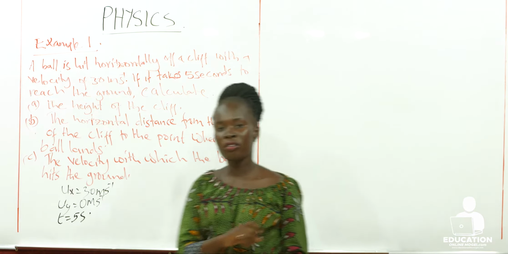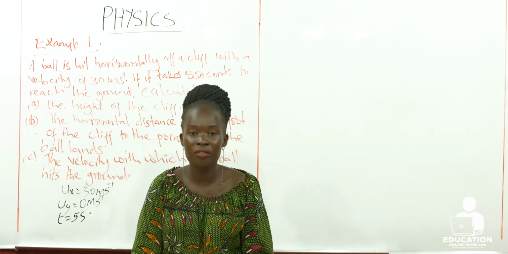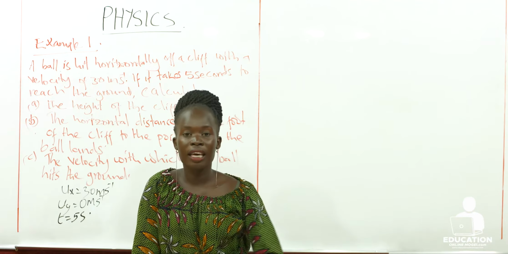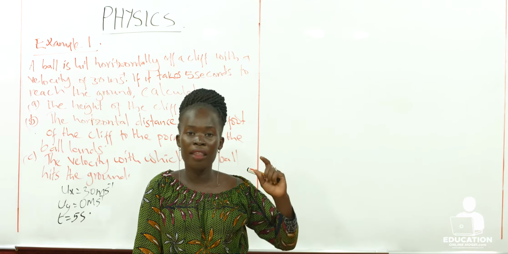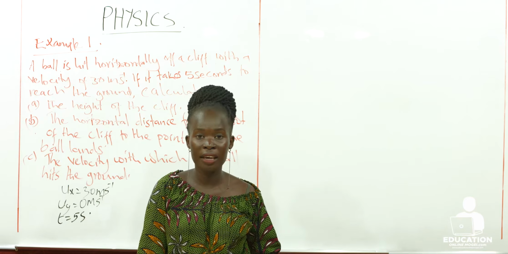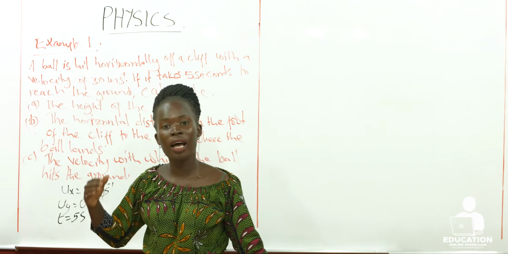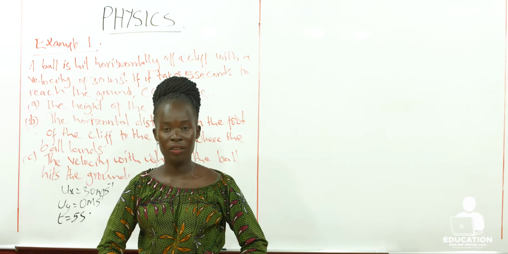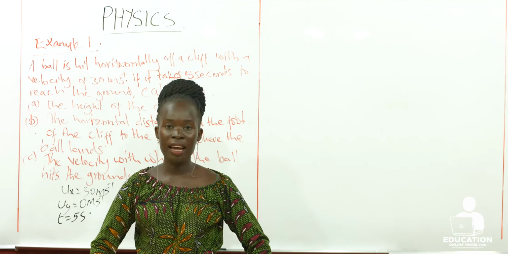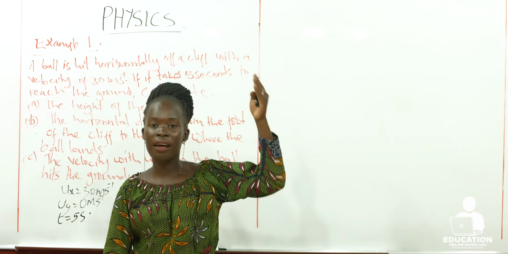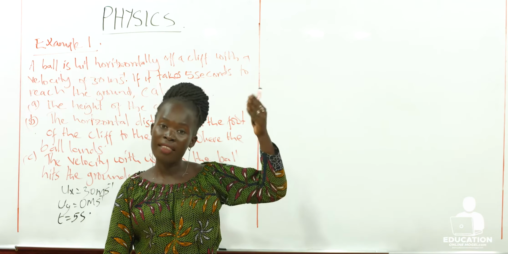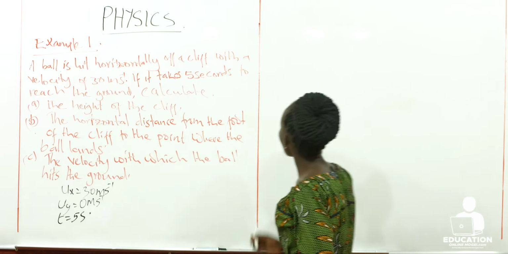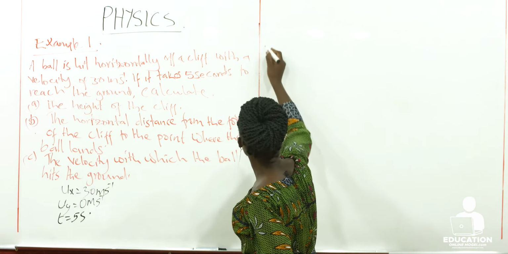If we use the horizontal distance, will we find the height of the cliff? No. Because this horizontal distance gives us the point from the foot of the cliff to where this ball will actually land. That is just the horizontal distance. If you consider that, it means you don't know how high the cliff is. So to know how high the cliff is, we are going to use the vertical motion. So let's take it as our Roman A.